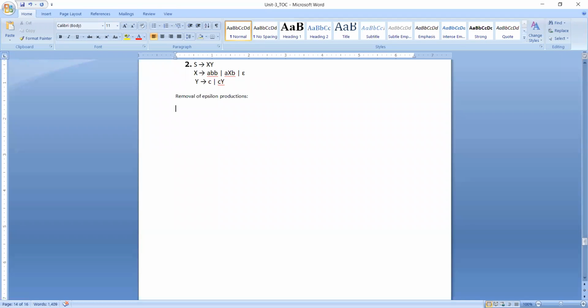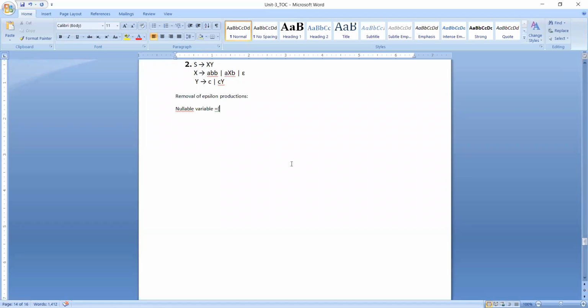In order to remove the epsilon productions, first of all, we need to identify what the nullable variables are. Please have a look at this. Please tell me what nullable variables we have. With S, we don't have any direct epsilon production, but with X, we have a direct epsilon production.